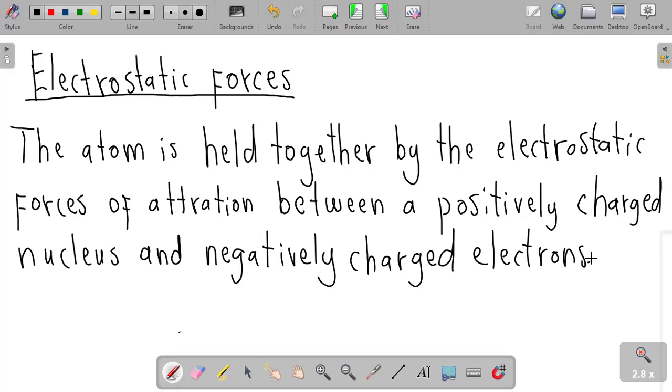We said that the protons are situated in the nucleus. So that's what makes the nucleus positively charged. The nucleus is positively charged because the protons are situated at the nucleus.